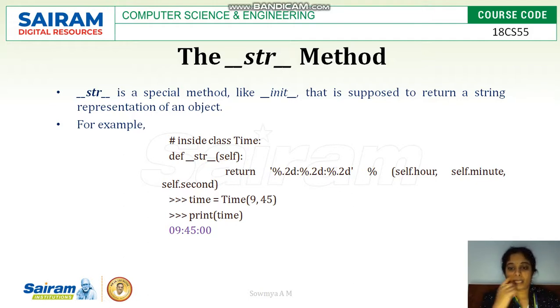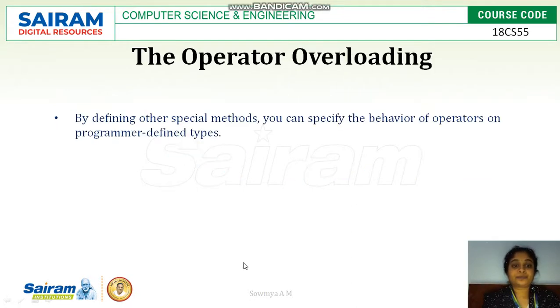If you have created self.hour, self.minute and self.second, for returning those we can create def underscore underscore str underscore underscore with the self argument. Inside that it returns a string value of self hour, minute and second.